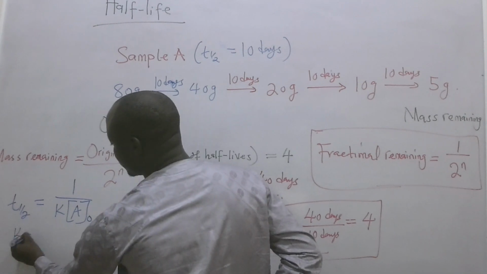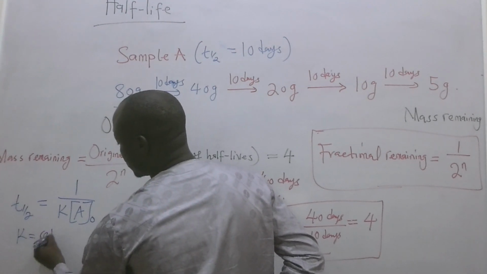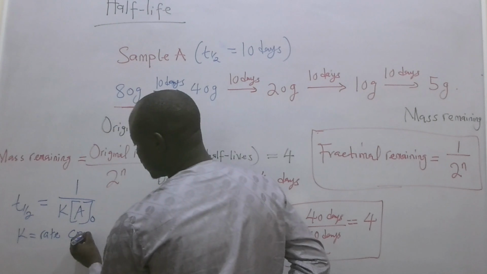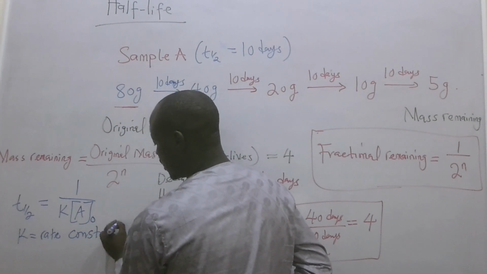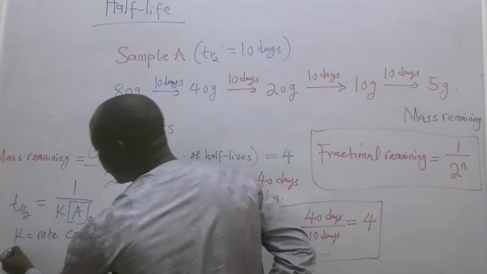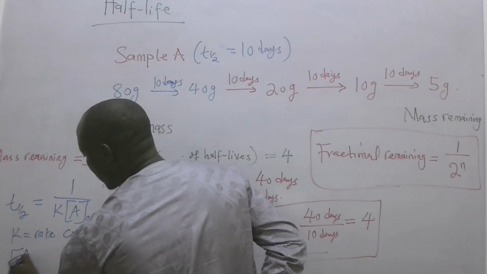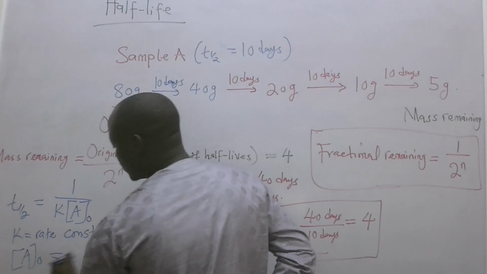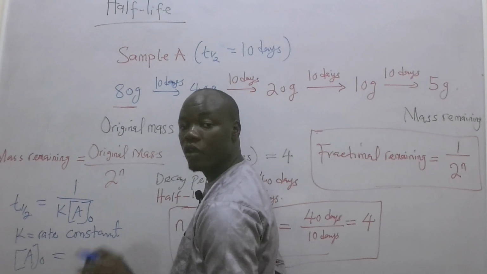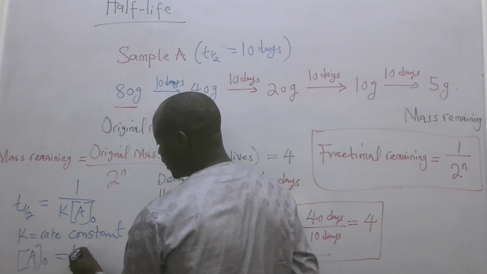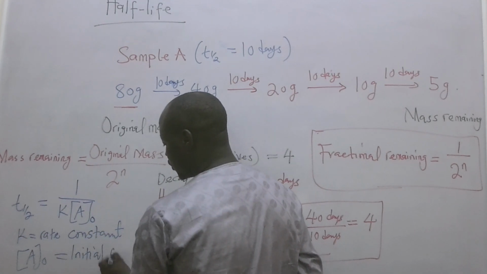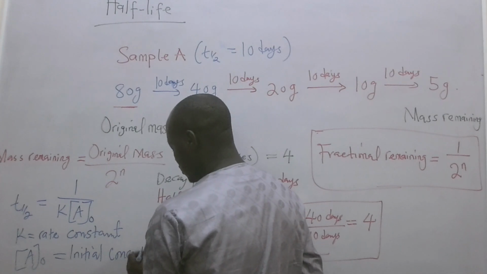K here stands for the rate constant, while A naught here stands for the initial concentration.